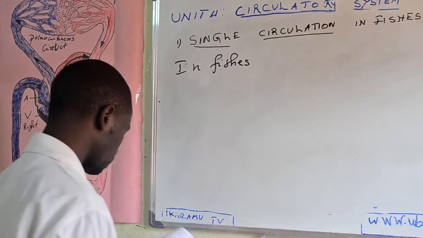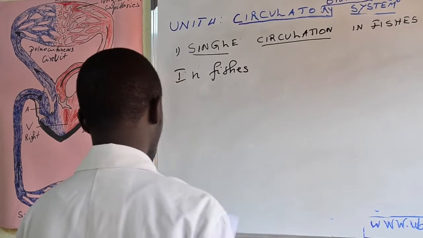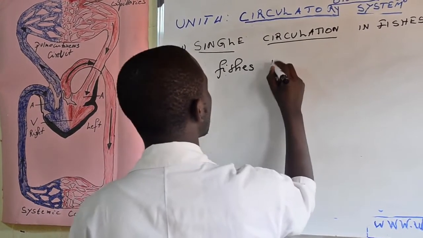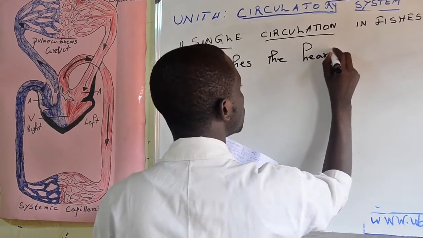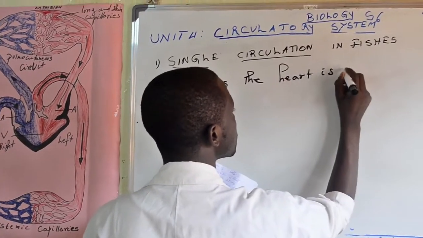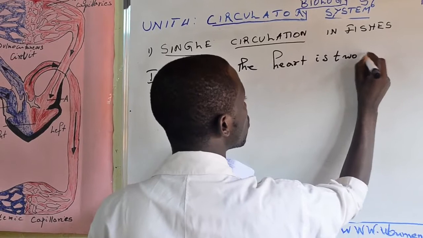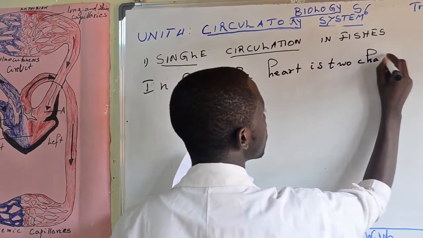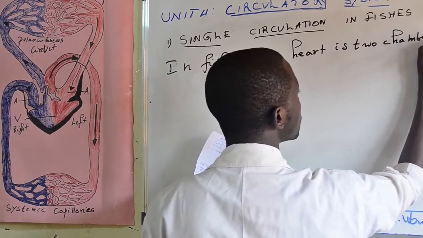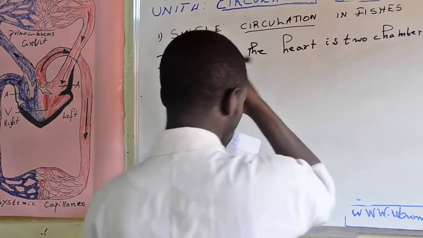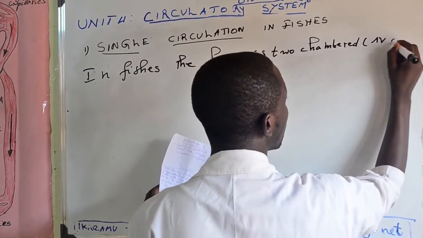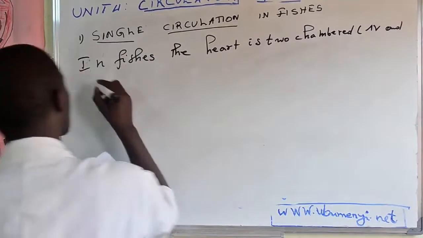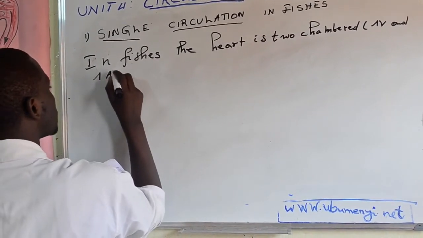In fishes, the heart is two-chambered. It has one ventricle and one atrium.